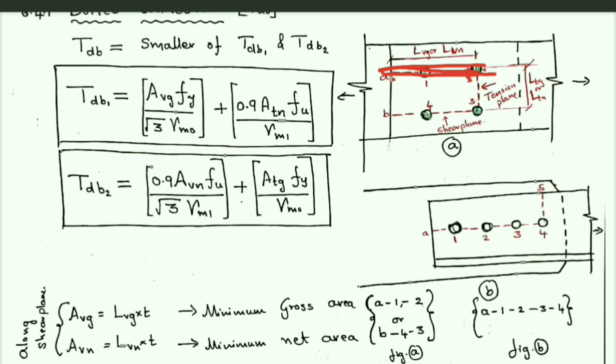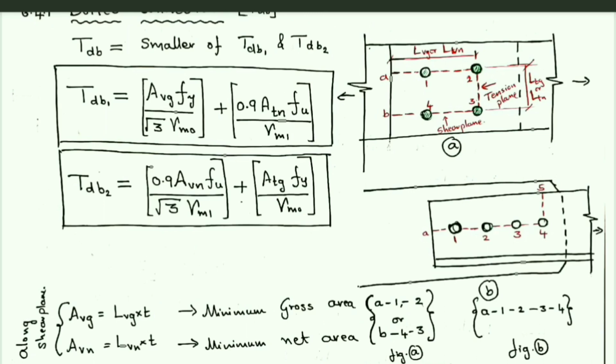Thickness of the plate, you will get AVG. AVN means the same line, area along the same line, but you need to reduce the area of the holes, the number of bolts. Okay, here in this figure, this will be the shear plane. So AVG anyhow will be equal to LVG into T.